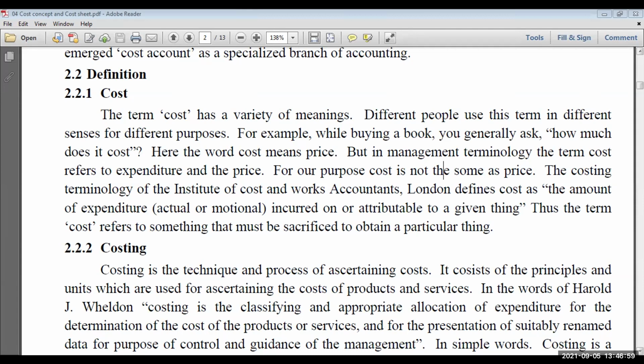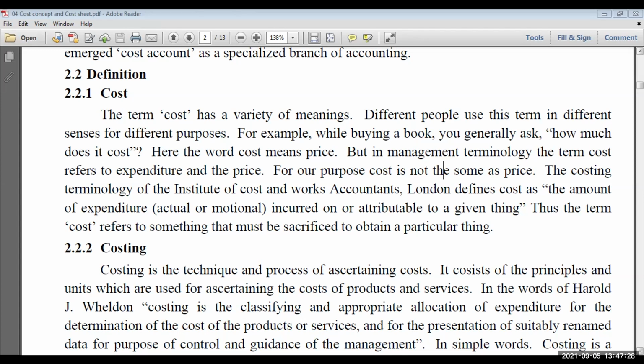The expense which cannot be directly connected to the unit of production, the volume of output, that cost is called indirect cost or overheads. We call it in cost accounting overheads, over and above the heads. That means we have 3 heads of cost: direct material cost, direct labor cost, direct expense cost. If you have anything else apart from these 3, all those things are called overheads.